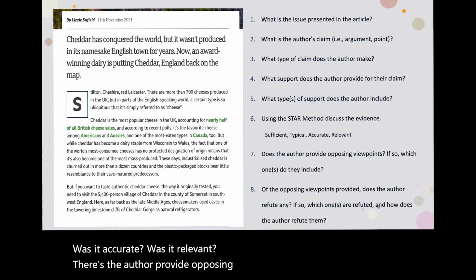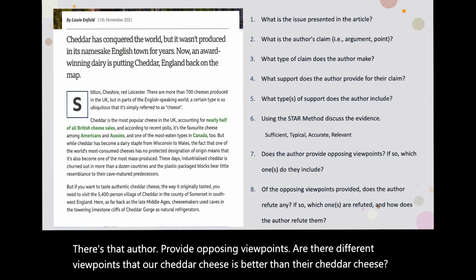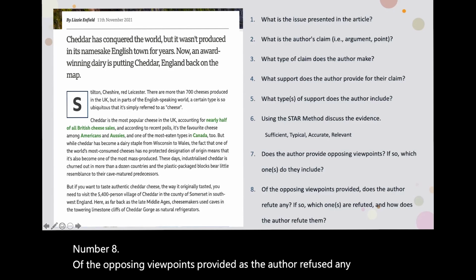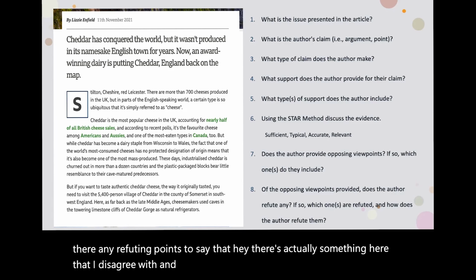Are there different viewpoints, like, hey, our cheddar cheese is better than their cheddar cheese? If so, number 8, of the opposing viewpoints provided, does the author refute any? Are there any refuting points to say that, hey, there's actually something here that I disagree with, and here's the evidence that I disagree with it?